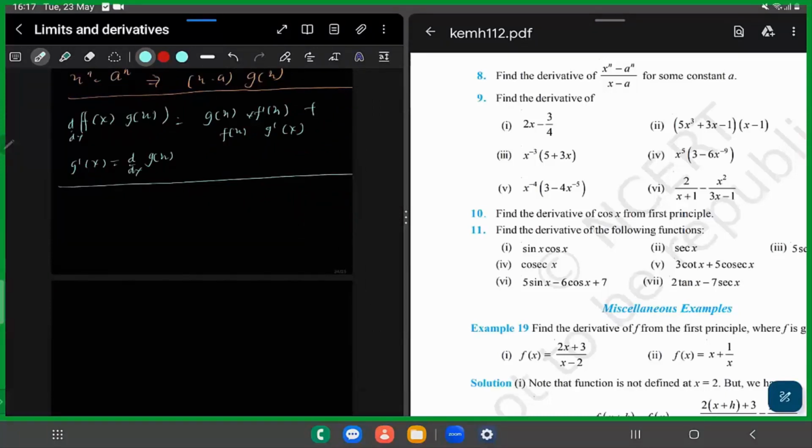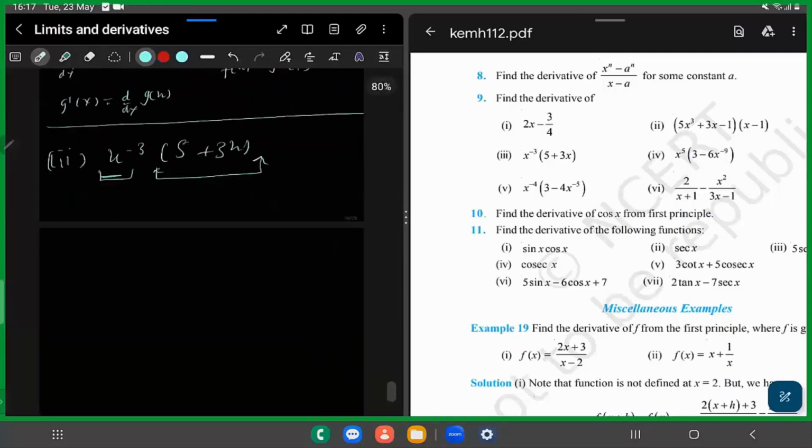Let's say we see the third question. For the third we have x to the power minus 3 into (5 plus 3x). This is our first function and this is our second function, so we'll apply the same multiplication rule. This will be x to the power minus 3 into the derivative of the second function, which is 3, plus (5 plus 3x) into the derivative of the first function.